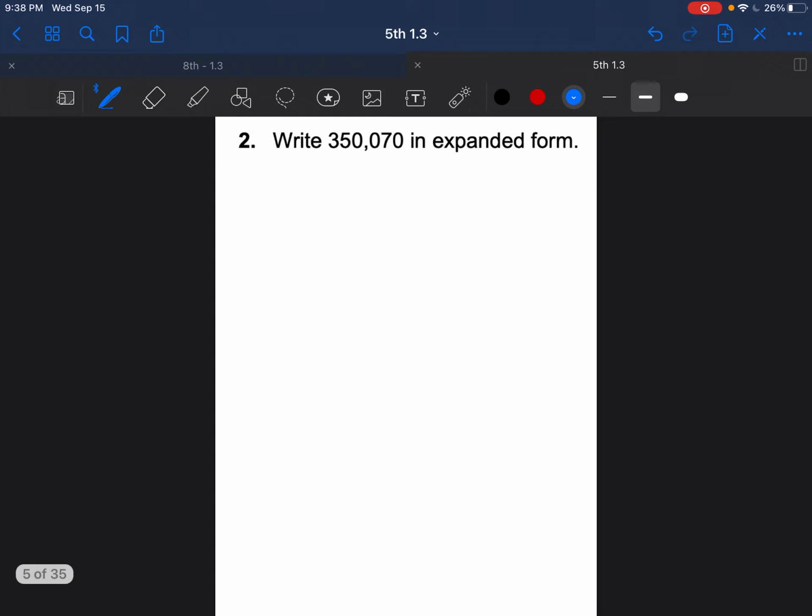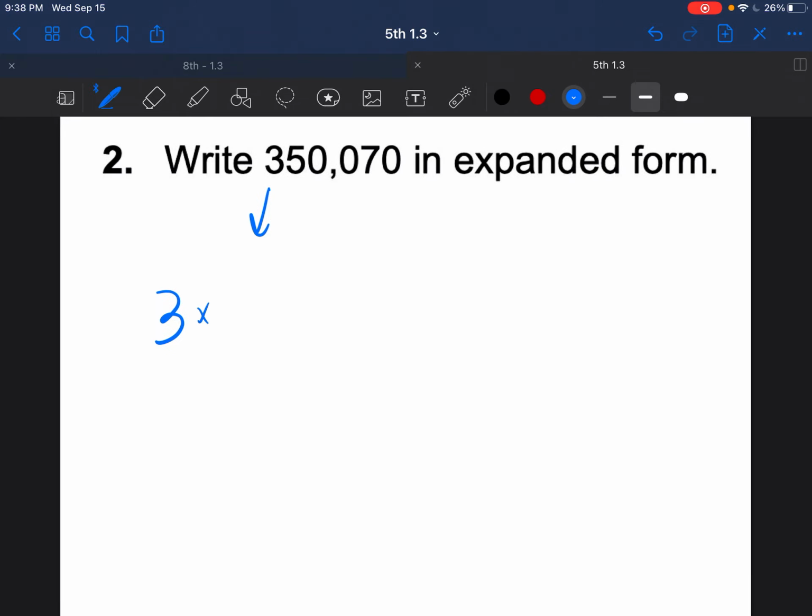Don't forget to write these questions down. Write 350,070 in expanded form. All right, let's do that together. Expanded form. So we have 3. What place value is that? That's going to be the 100,000s. So 3 times 100,000 plus 5.